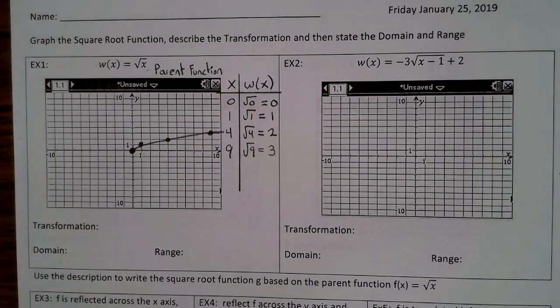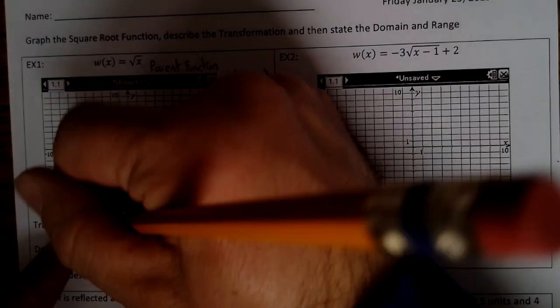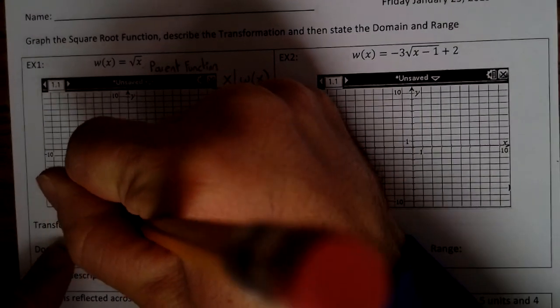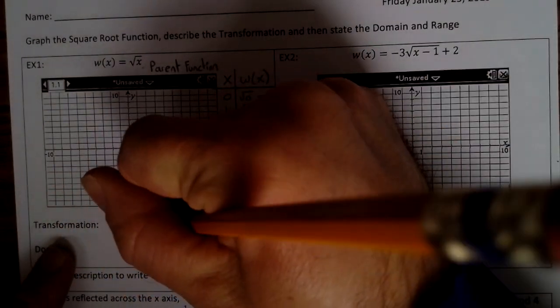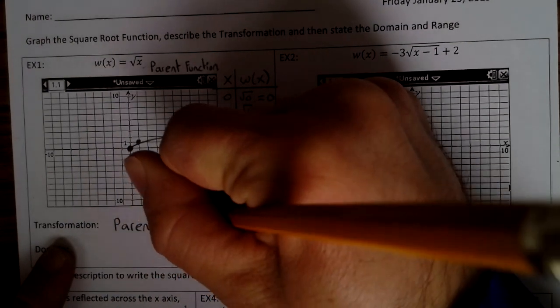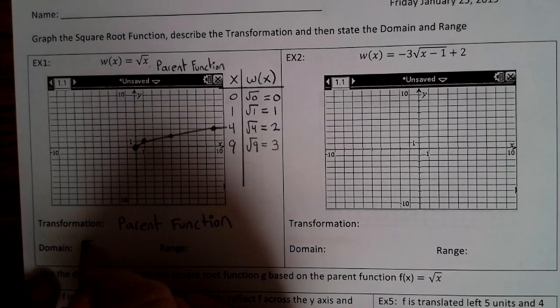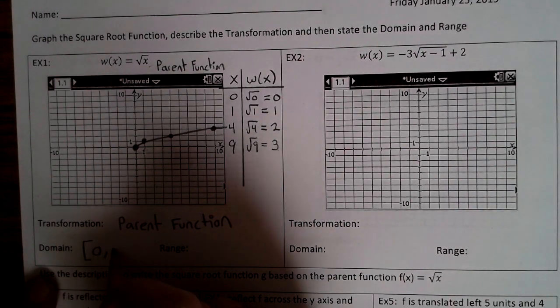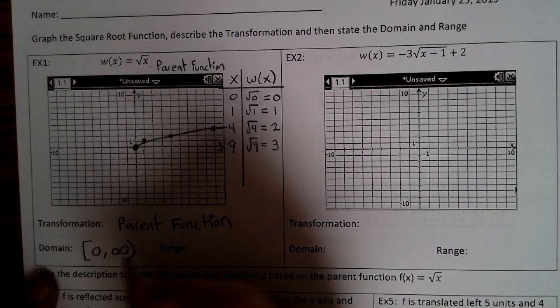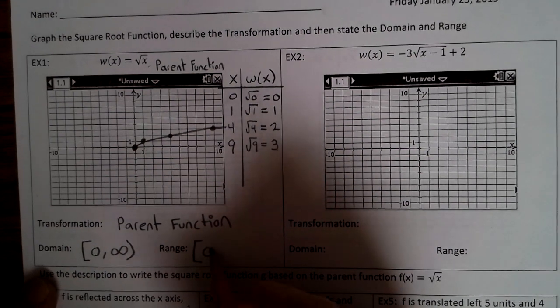Now there's no transformation because it's the parent function. The domain is bracket 0 to infinity, and the range is bracket 0 to infinity.